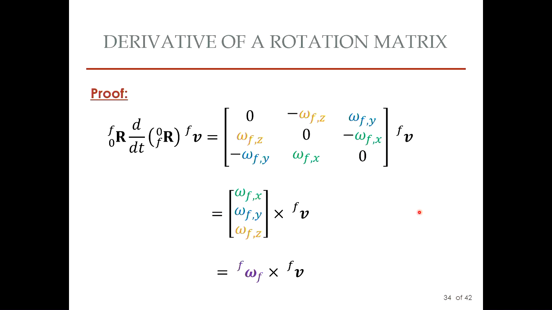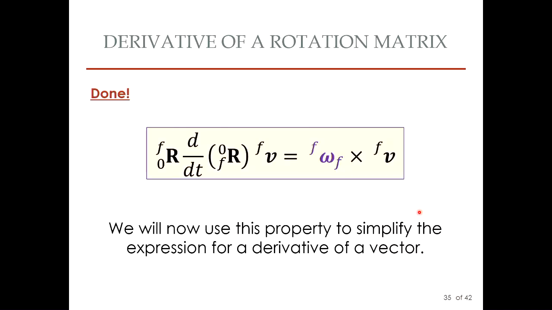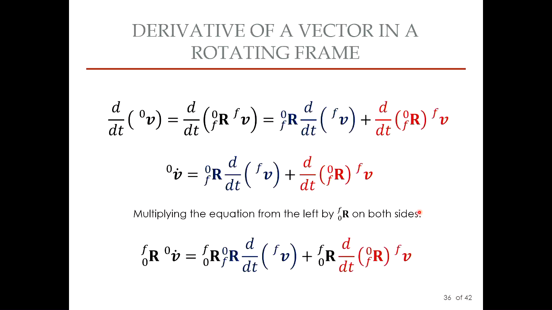Okay, so we showed this thing, and then from this we are going towards our final formula. In order to get our final formula, I don't want to keep all the results in frame 0.